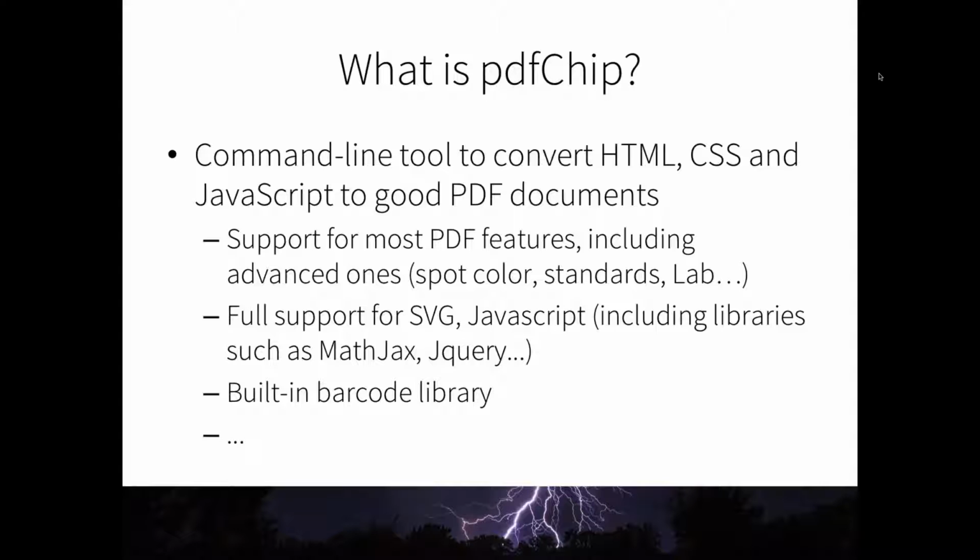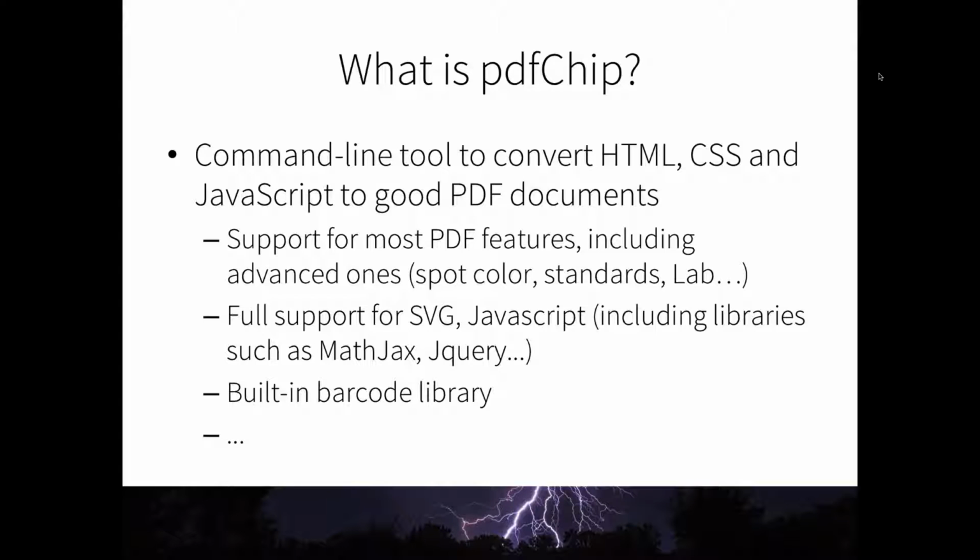All of those can simply be used in pdfChip, and that means that if some features are perhaps not there, I'm thinking of good hyphenation for certain languages, the only thing you have to do is find the JavaScript library that supports that, hyphenator.js, for example, include that into your HTML template, and then pdfChip can make full use of that functionality.